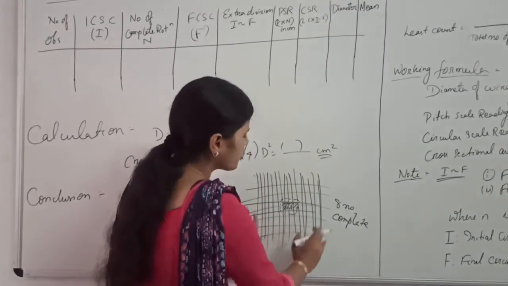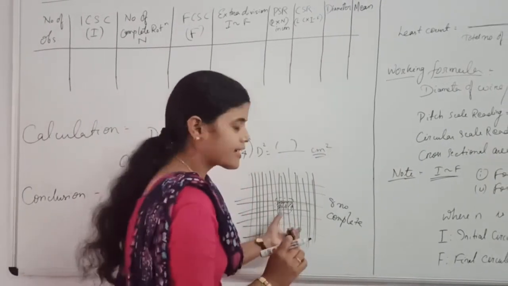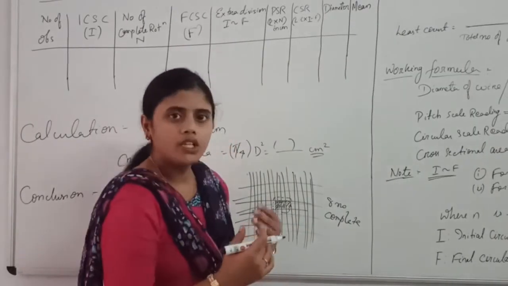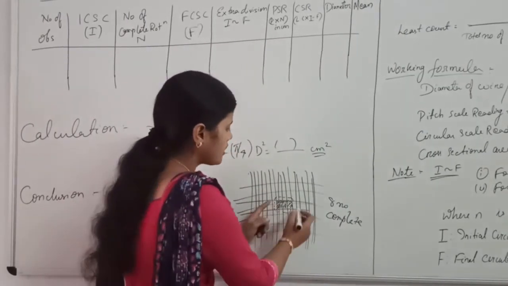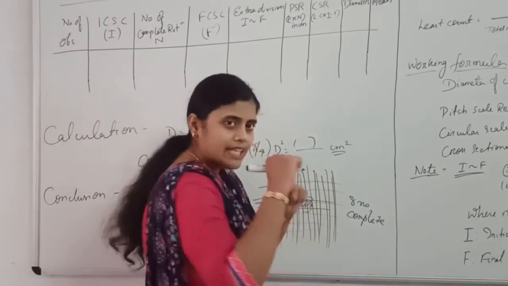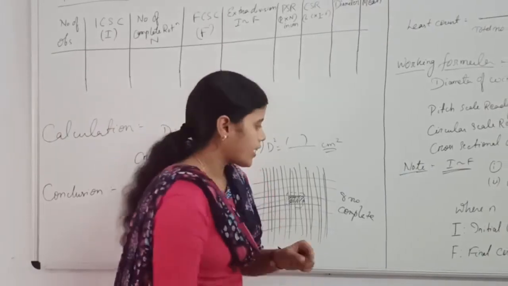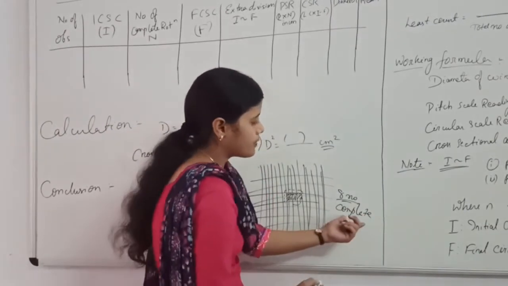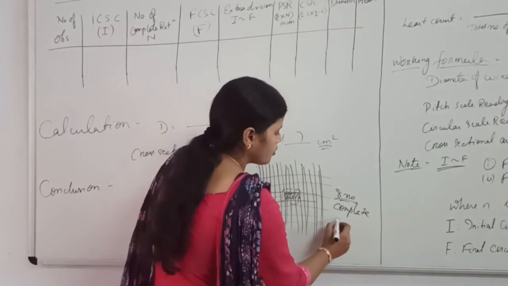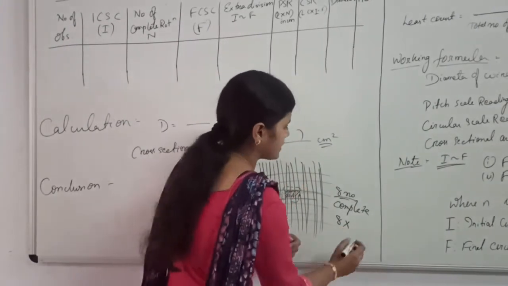Okay, this is not looking like a graph paper. Graph paper is equally spaced. When you use that graph paper, you will draw the outline of the plain lamina, and inside that small area you will count the complete squares. Suppose 8 complete squares came. You have to do 8 into the thickness.